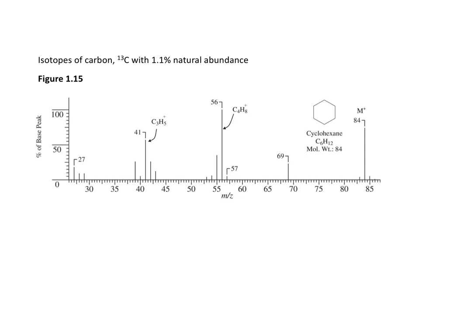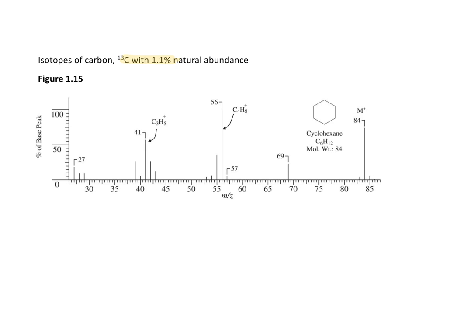I've already covered how isotopes of chlorine and bromine give a distinctive pattern that reveals the presence of those elements. Since carbon-13 has a 1.1% natural abundance, and organic compounds tend to contain a large number of carbons, this 1.1% natural abundance of carbon-13 builds up quickly and gives a sense of the number of carbons.